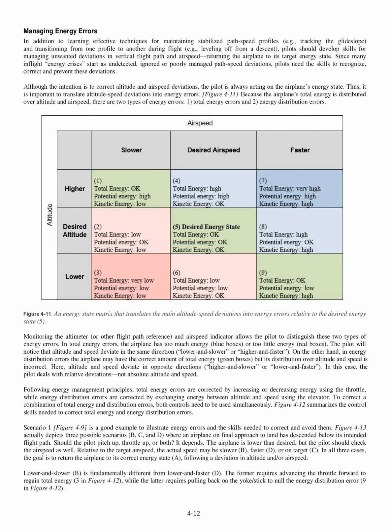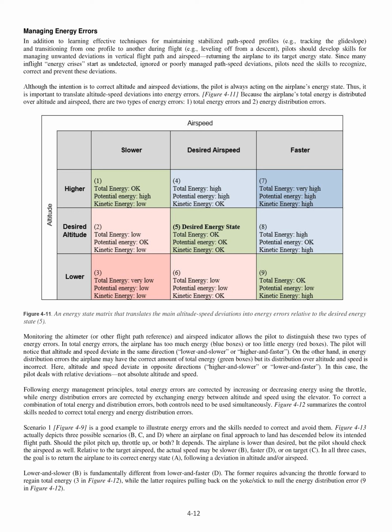Because the airplane's total energy is distributed over altitude and airspeed, there are two types of energy errors: 1. Total energy errors, and 2. Energy distribution errors. Monitoring the altimeter, or other flight path reference, and airspeed indicator allows the pilot to distinguish these two types of energy errors. In total energy errors, the airplane has too much energy, blue boxes, or too little energy, red boxes.